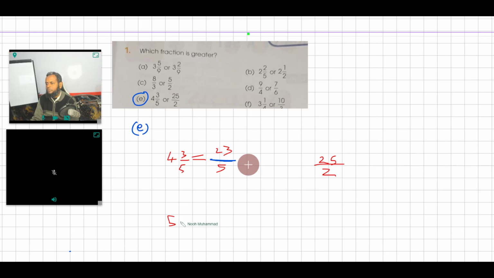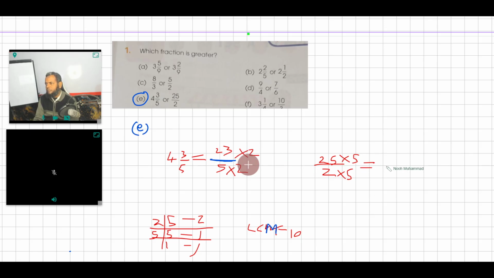Right? LCM, okay? Good. You are doing wrong, no Muhammad. 25 times 5, you should see. 25 times 5, what is the answer? Write in a proper way.